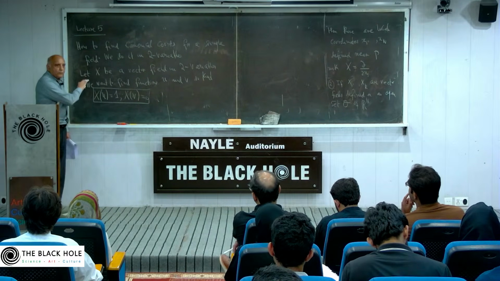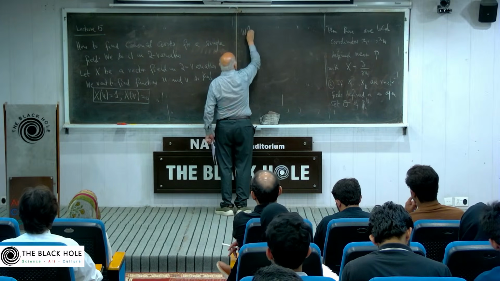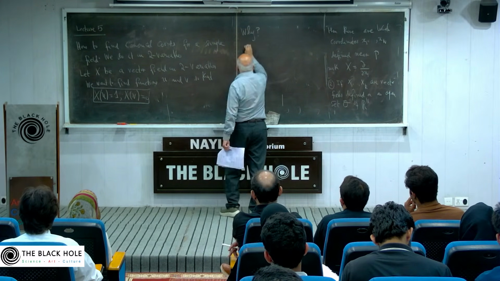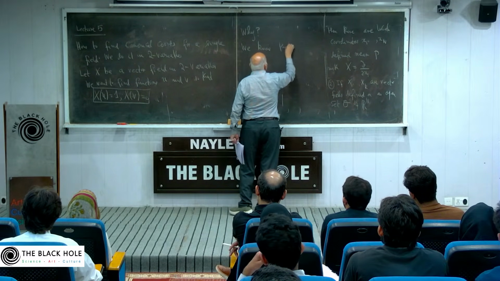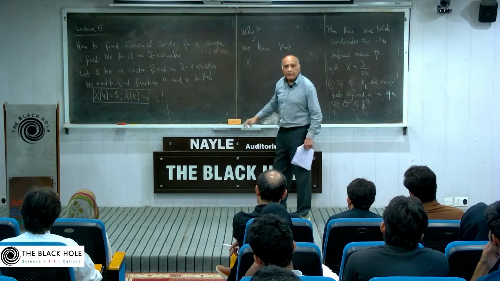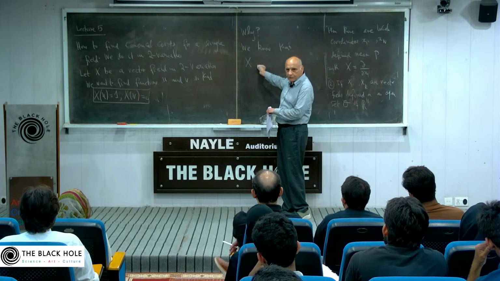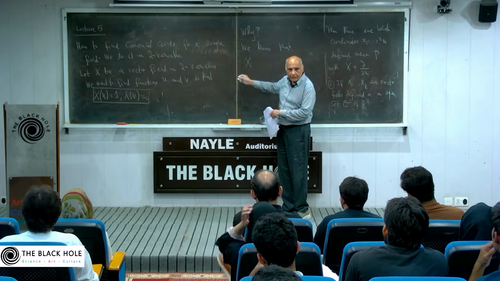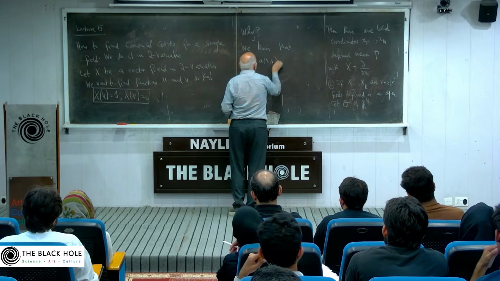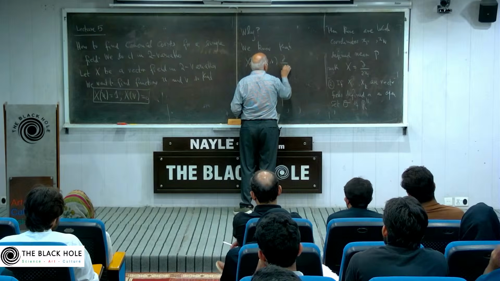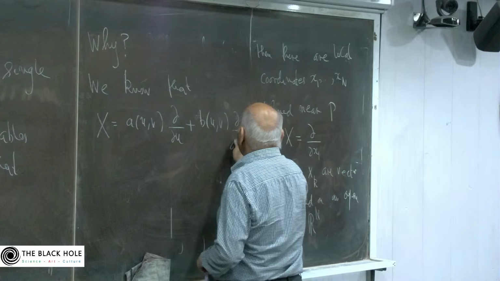So why is this enough? Because we know that x in any system of coordinates is some function of those coordinates times partial by partial u plus another function of those coordinates times partial by partial v. So we know that x is equal to a(u,v) partial by partial u plus b(u,v) partial by partial v.